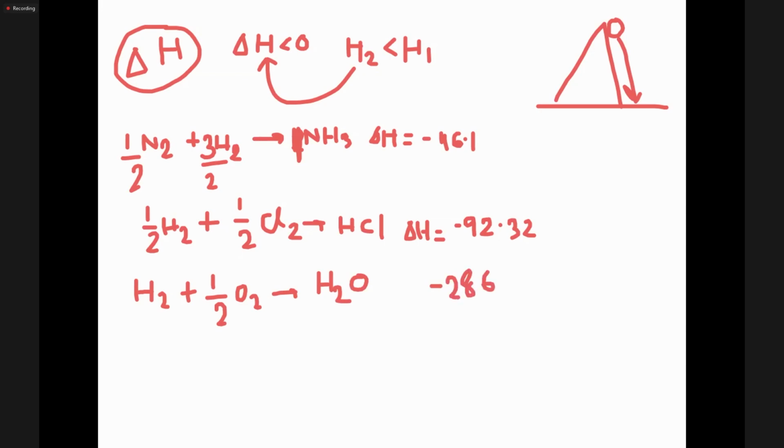So you see, in all these spontaneous processes, the delta H value is negative, or less than 0. So you might assume that whenever delta H is negative, there will be a net decrease in enthalpy, so the process might be spontaneous.